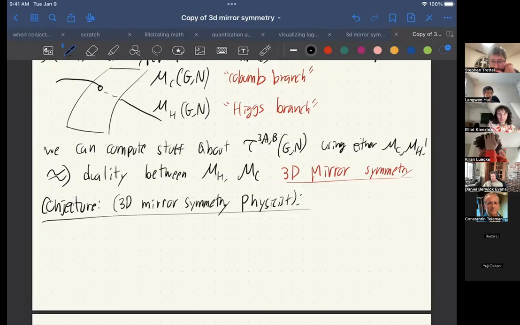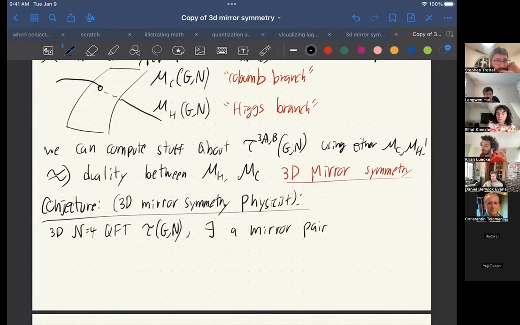So we have a 3D TQFT, not a TQFT, just an ordinary quantum field theory, which has parameters given by the gauge group and some matter content. Let's be even more precise and tell you how much supersymmetry it has.